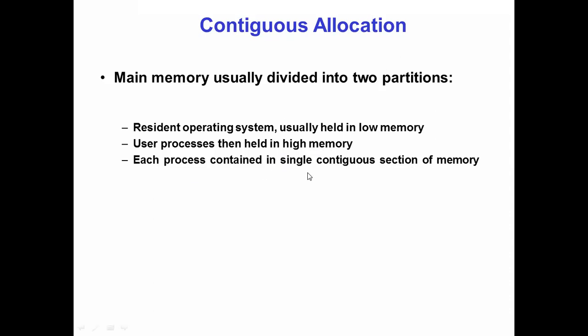It is not necessary that this area will be equal to the area occupied by a particular process, maybe some more or less. I will tell you about contiguous and non-contiguous memory allocation in some other slides. Each process will occupy a single contiguous section of memory.